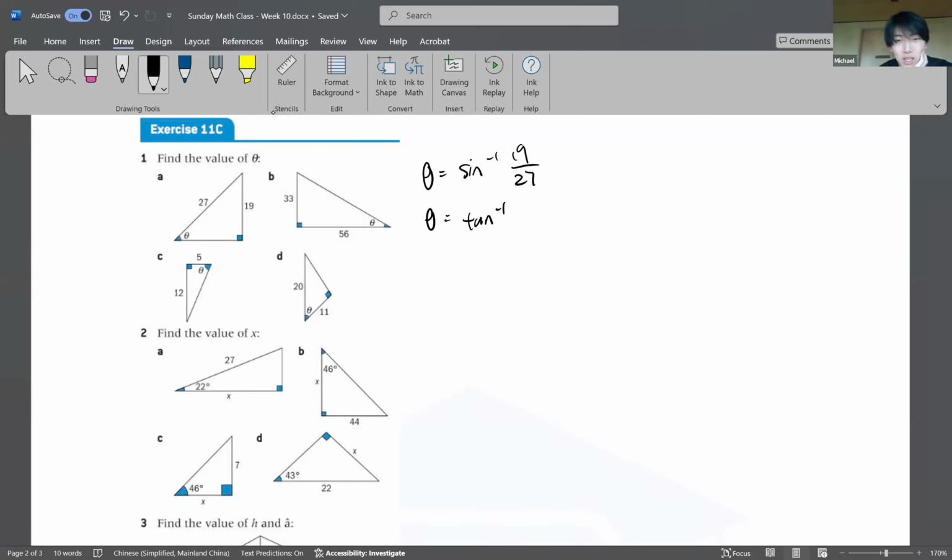So by the way, just to make sure you guys know, if you have sine, for example, if your sine theta equals a over b, then this means your theta is sine inverse of a over b. By the way, just a quick note, this only works for theta between 0 and 90, okay?